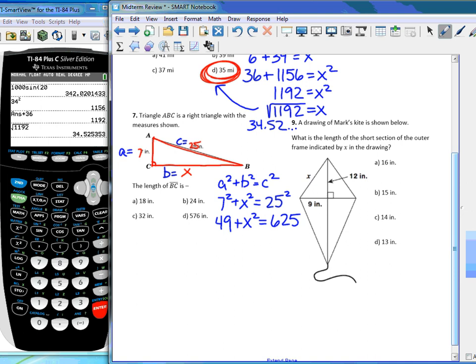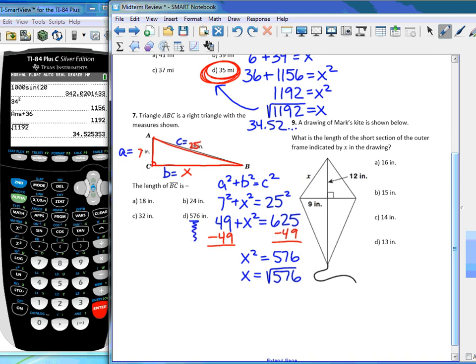So I'm going to isolate that x squared, subtract 49 from both sides. Let's see, 576. And then I need to take the square root of both sides. Ooh, I see 576 in the answer choices, and I bet they want me to choose it.